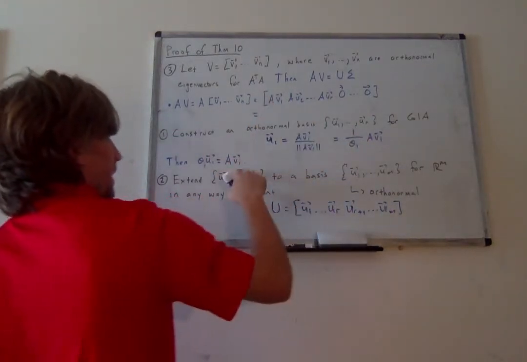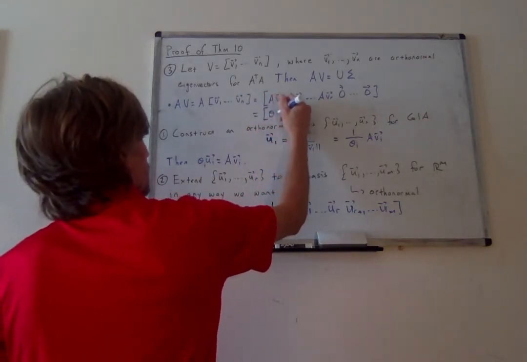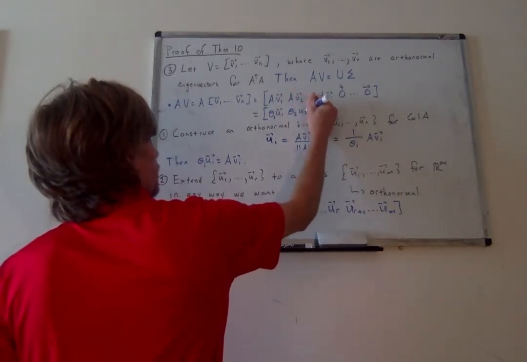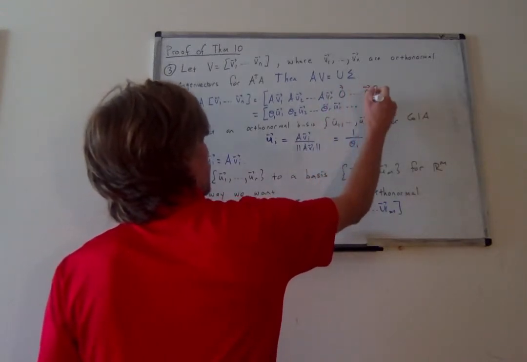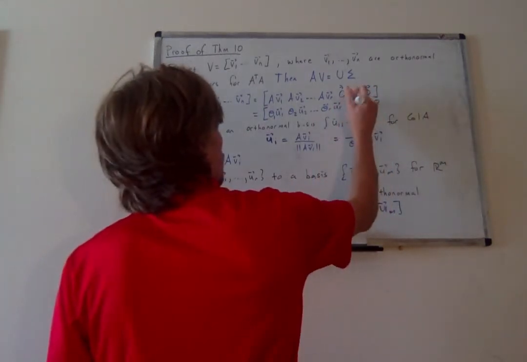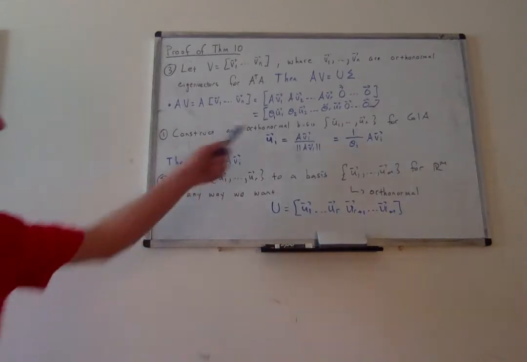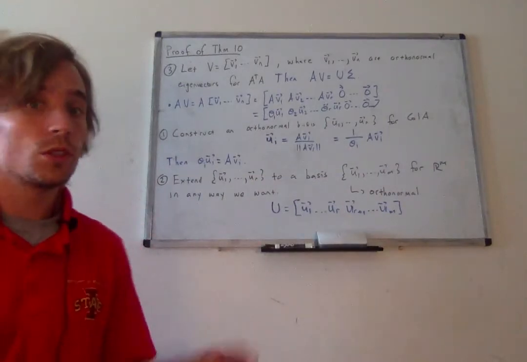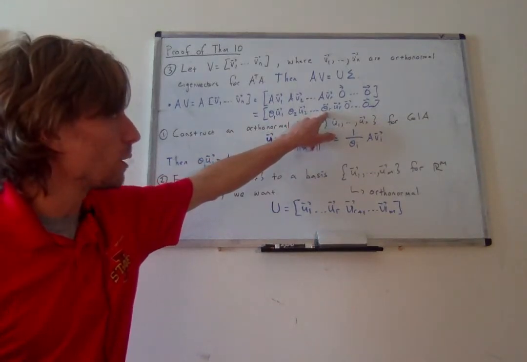But notice A times vi for each of these non-zero singular values is equal to sigma i times ui. So we can actually rewrite this matrix in this way, where its first r columns are sigma 1 u1, sigma 2 u2, all the way out to sigma r ur.